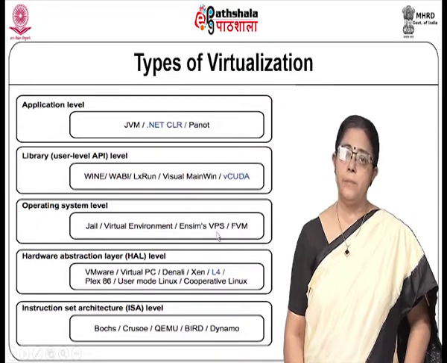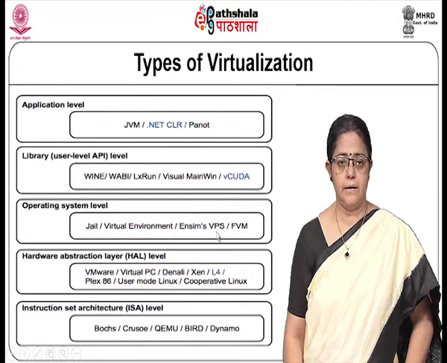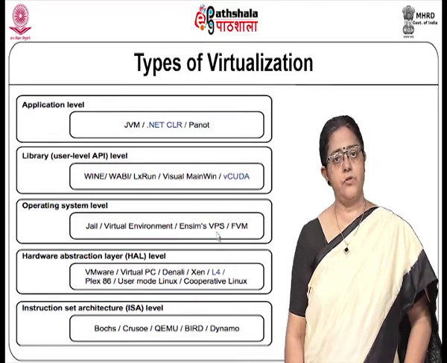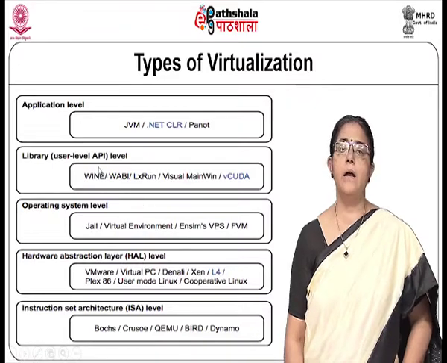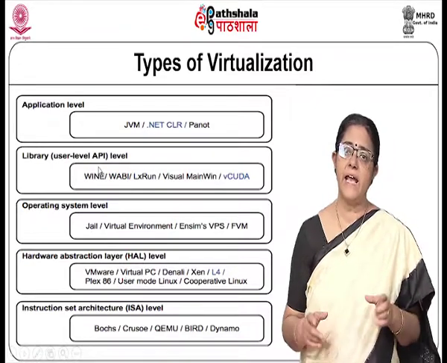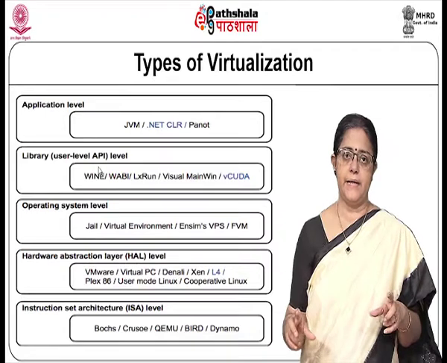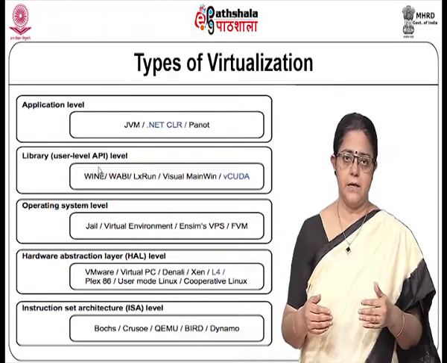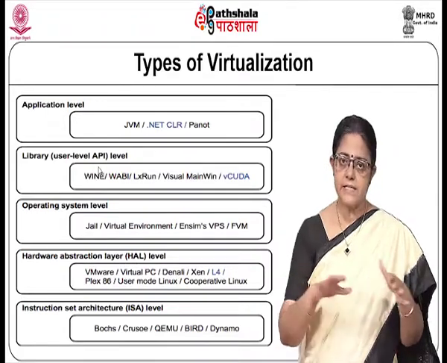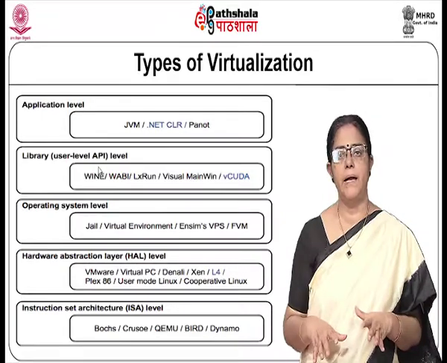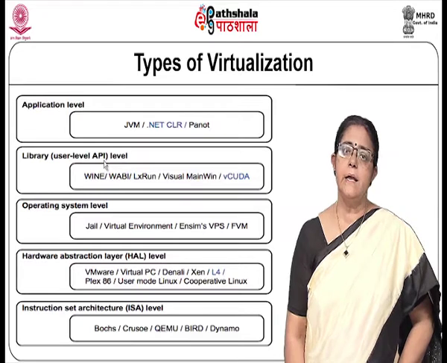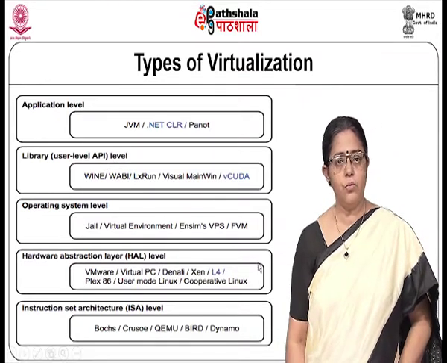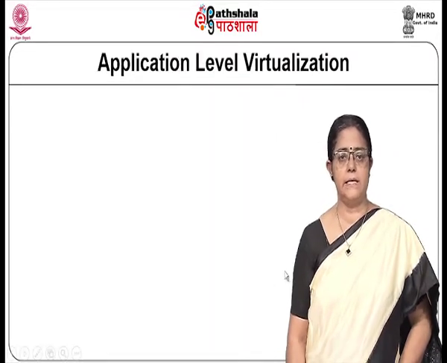We can do operating system level virtualization, where we virtualize the OS layer. If we go above, we have the libraries that are accessed by applications of a certain language or a certain compiler. We can virtualize that. Even at the top, there is application layer virtualization. Let us look at the details of these.